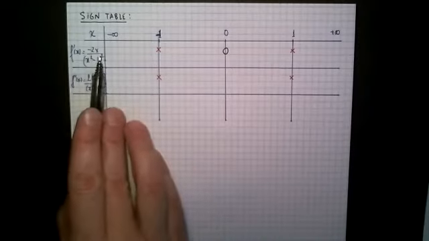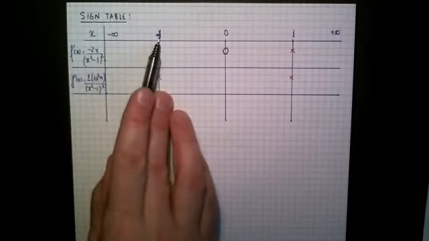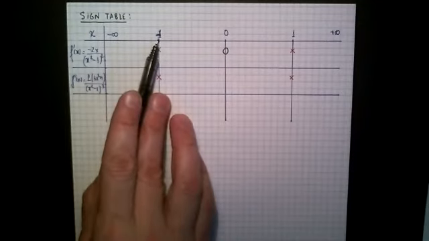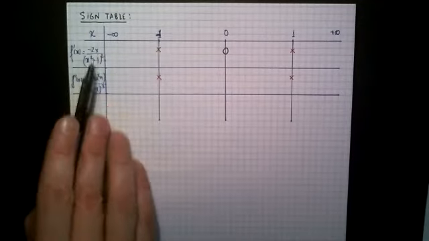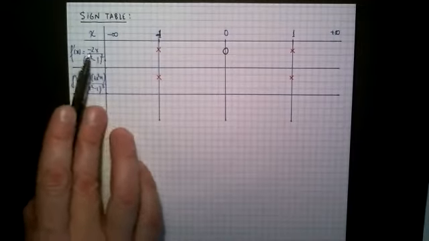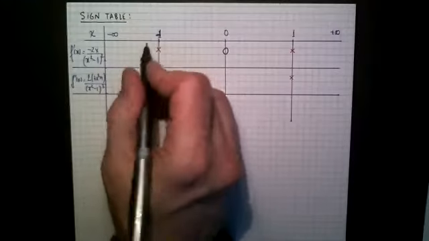Okay, let's see what the sign of f prime is when x is less than minus 1. So when x is negative, well, the bottom is always positive, so I don't care because it's power 2. So I don't care about this. And so I just look at the sign of the top. So if x is negative, well, the derivative is positive.